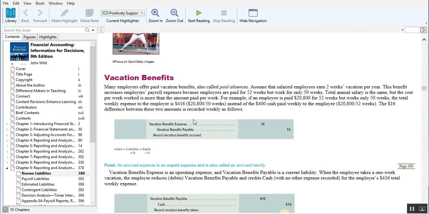You'll have an obligation that an employee may earn over a period of time. As they work, they earn a little bit of vacation time as they go along. As that continues to build, you record that as an expense and as a payable because you want to identify that vacation obligation that you have for those employees.